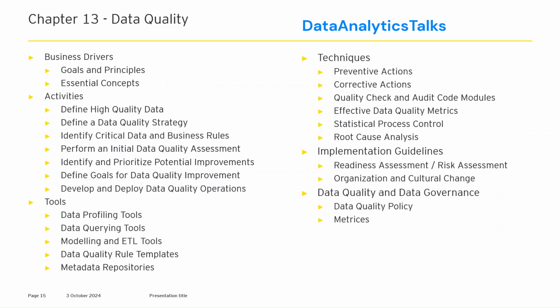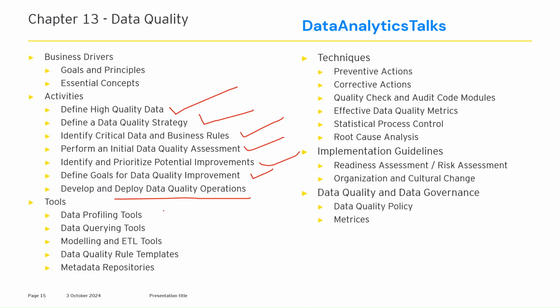And coming to chapter 13, we have data quality. Again, this has a major weightage. It talks about the goals and principles and essential concepts in the beginning, then tells about the activities: define data quality, define data quality strategy, identify critical data and business rules, perform an initial data quality assessment, identify and prioritize potential improvement, define goals for data quality improvements, develop and deploy data quality operations.